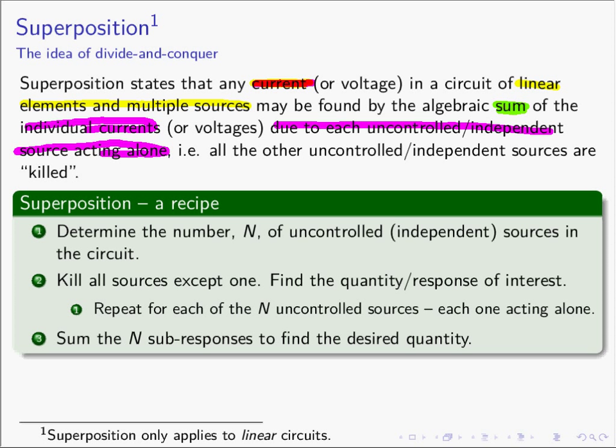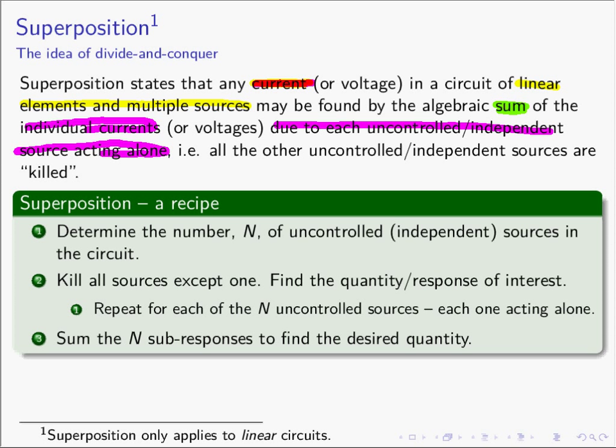So instead of finding the single current in the large complicated circuit that we're looking for, we are going to break it into a bunch of smaller problems, find that same current due to each source, only one source acting at a time, and then all of those currents can be added together to find the answer we want.